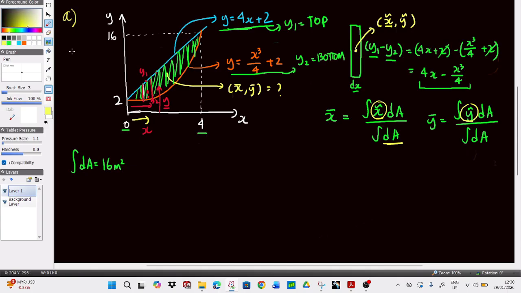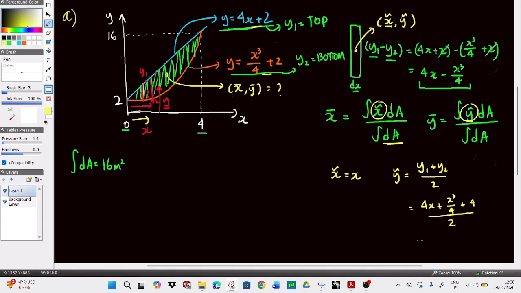So your x tilde is simply x, whereas your y tilde is y1 plus y2 divided by 2. Your y1 we already know is 4x plus 2, and y2 is this. Simplifying, it becomes 4x plus x cubed over 4 plus 2, which becomes 4.